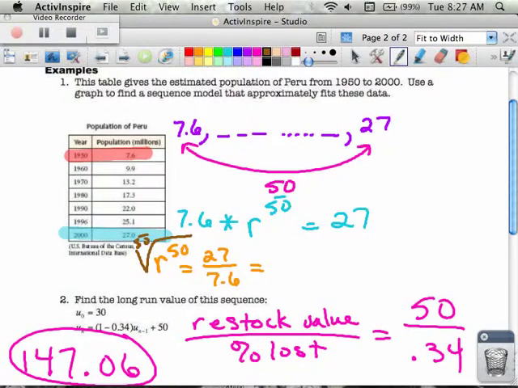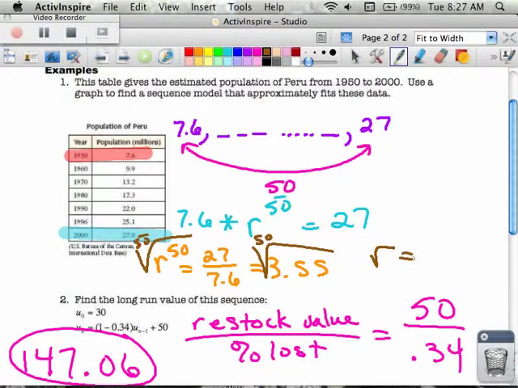Yeah. Thank you. I'm going to take the 50th root of 3.55. So the 50th root and the 50th power cancel each other out, and I get R.